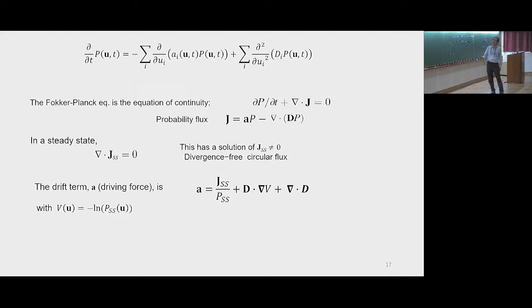So this represents, in a steady state, the divergence of this flux becomes zero because dP/dt is zero. But this does not mean J is zero. So there still remains the divergence-less probability current. This is the circular flux of the current.